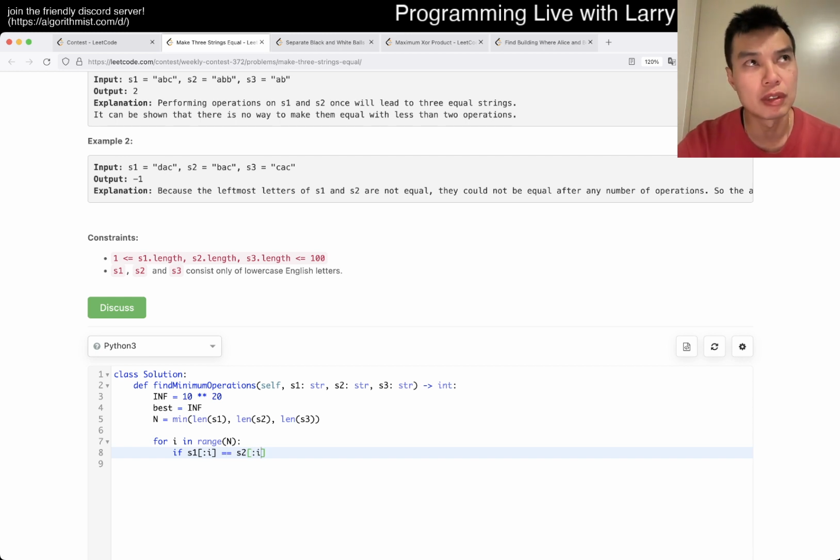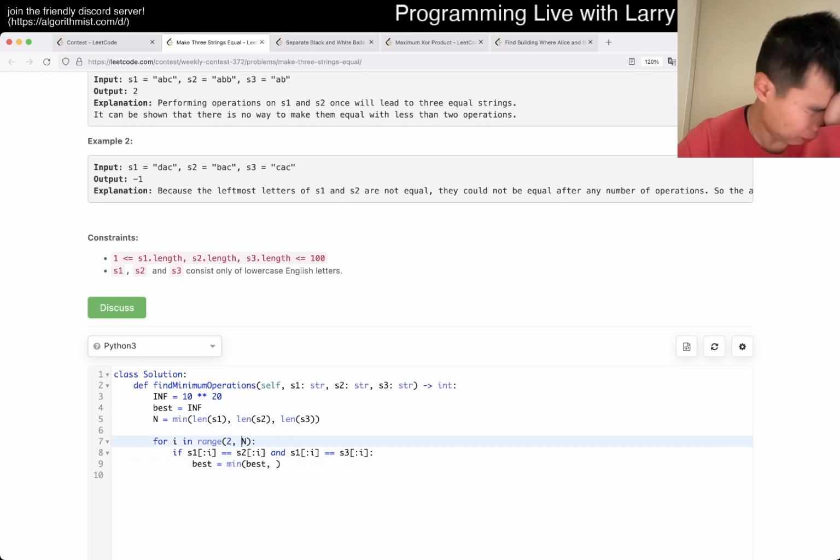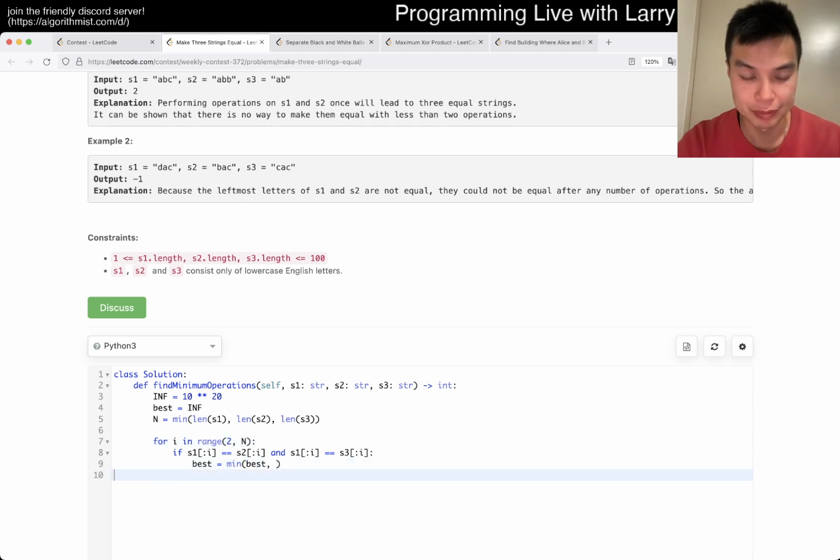Is that inclusive? No, that's exclusive. Okay, I think this should be good. Oh, it has to be at least 2 characters, right? Okay, yeah.